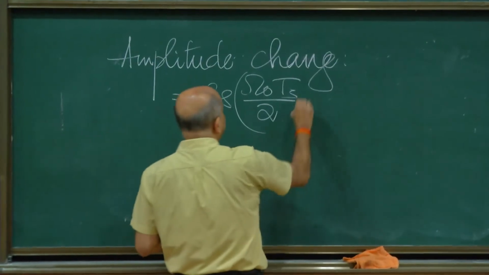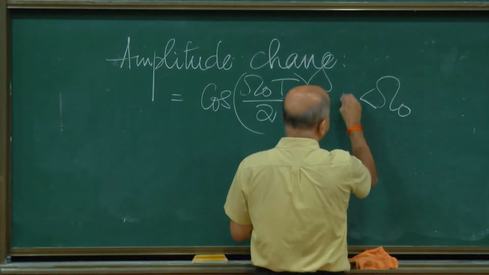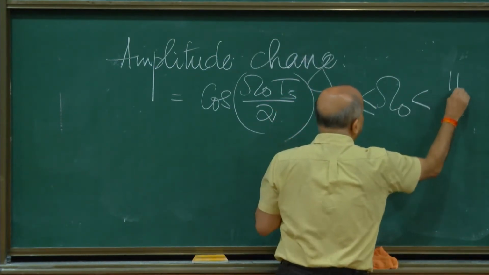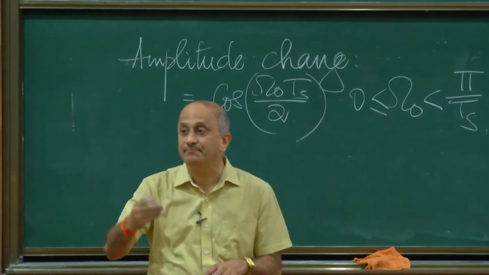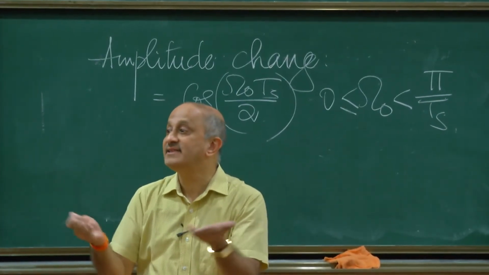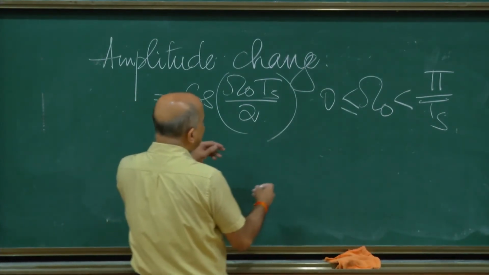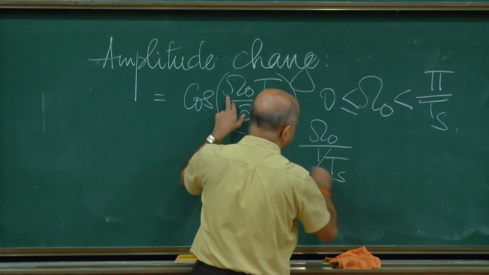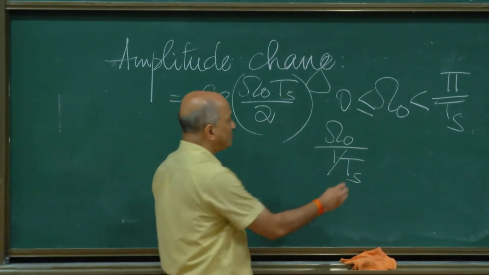Now remember, omega naught is always between 0 and pi by Ts. We agree that omega naught cannot be more than pi by Ts because it's indistinguishable then, right? So let us write omega naught Ts as omega naught divided by 1 by Ts, right? So this is equal to omega naught Ts.